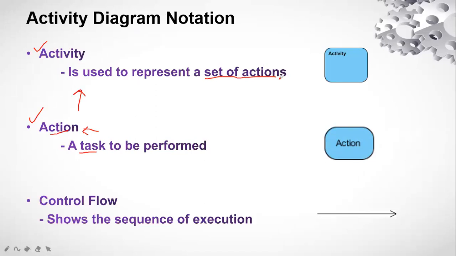Fine. So we just show the box for activity or action, otherwise we have the same format. At some point in the activity diagram, you can see the activity and action being the same, because they are considered to be a set of actions. Okay. So this is a rectangular box with circular edges and the name written in the middle.